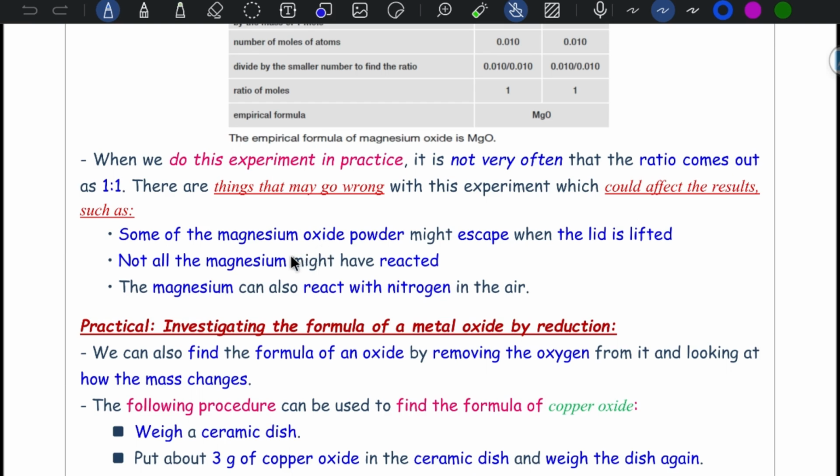We have to open the lid several times, so it may escape. Not all the magnesium might have reacted. We have to check the mass and make sure we reach constant mass. The magnesium can also react with nitrogen in the air.